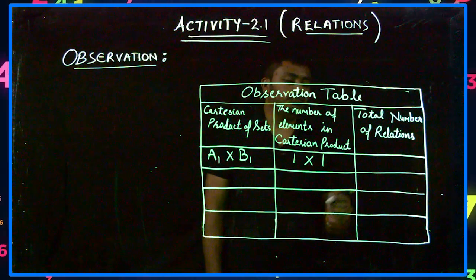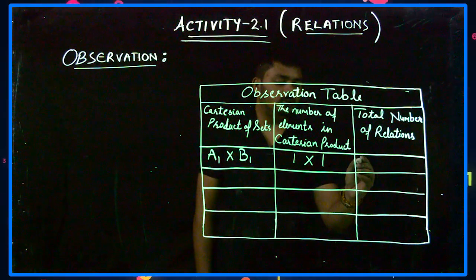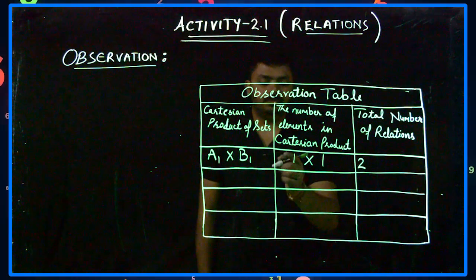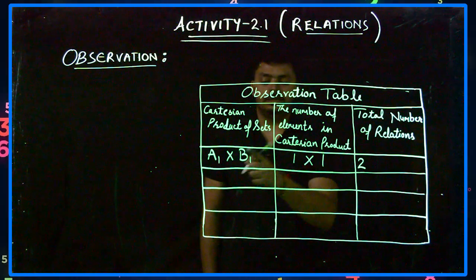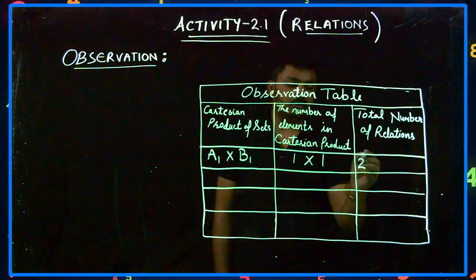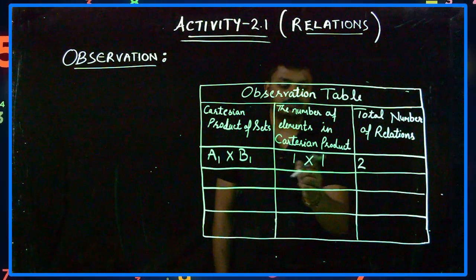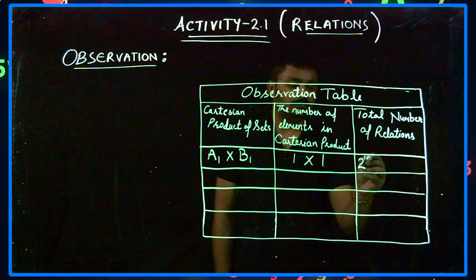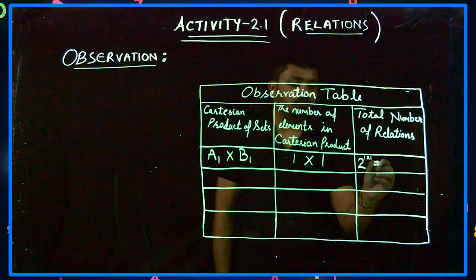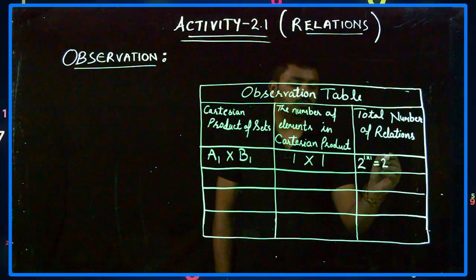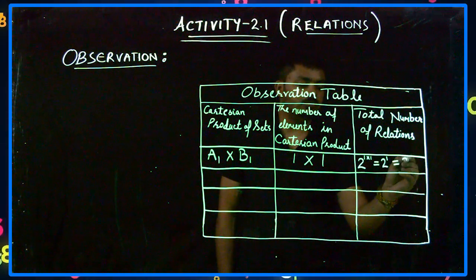So the total number of relations becomes 2 to the power of the number of elements in set A1 times the number of elements in set B1, that is 1 into 1, equals 2 to the power 1 equals 2.